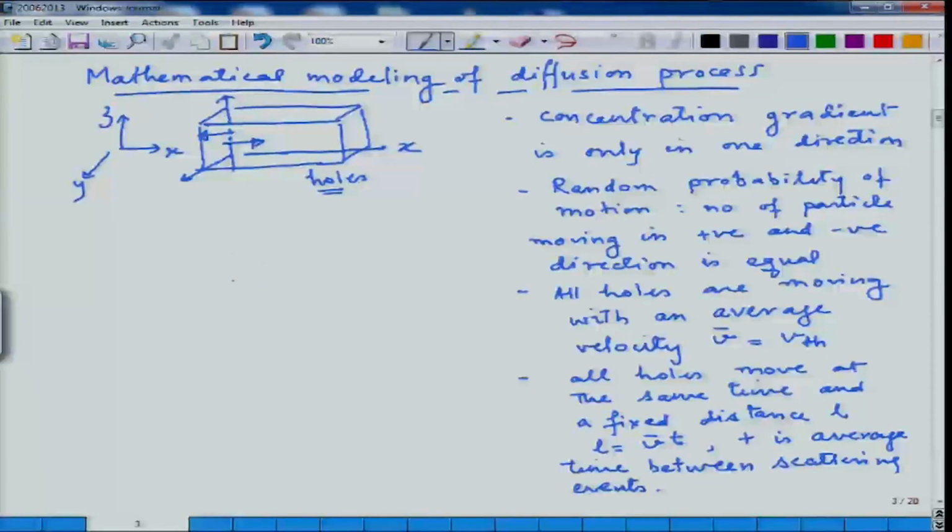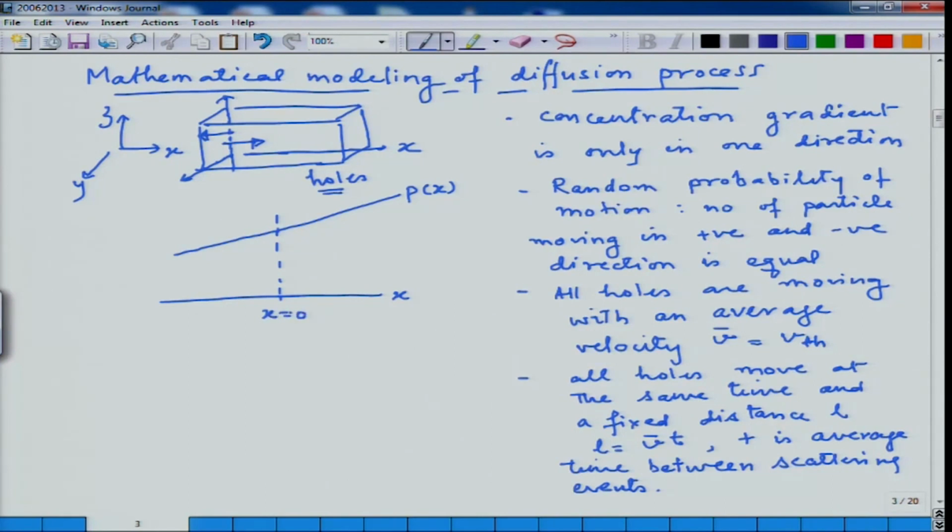So, we have simplified the problem quite a bit by making these assumptions, and with that we can now find a formalism for finding out what would be the diffusion current in a semiconductor. Let me take an example of a semiconductor. Let us say the hole concentration is represented by this curve, and I am looking at any particular point, for simplicity x equal to 0.